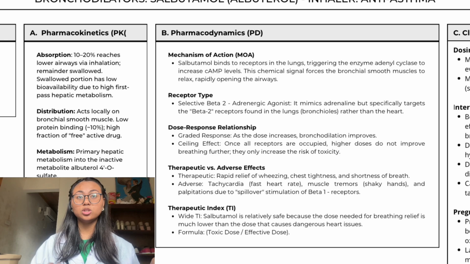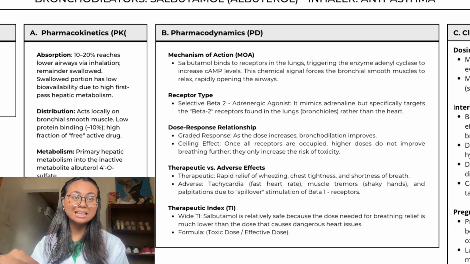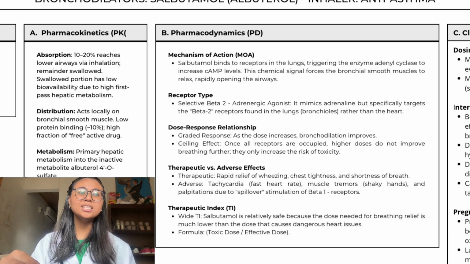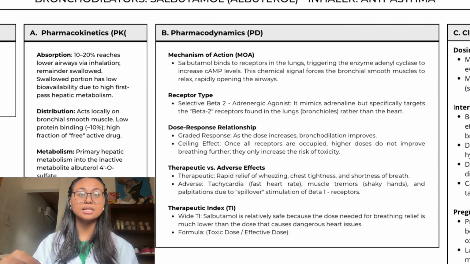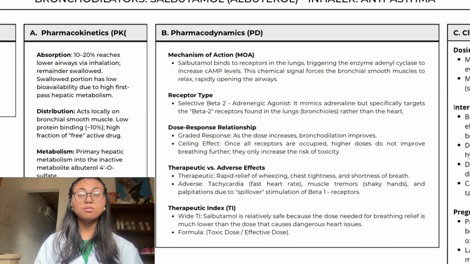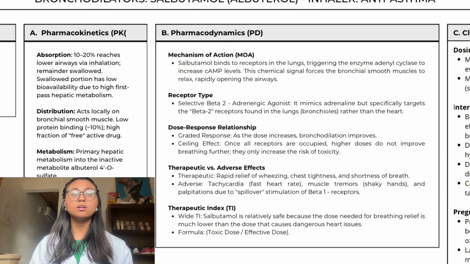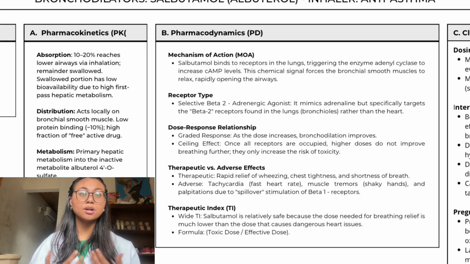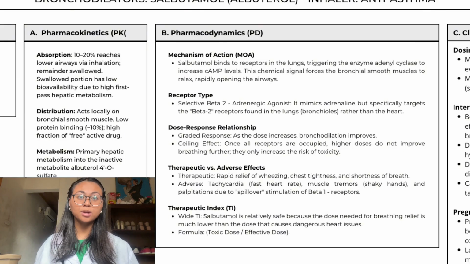Once bound, it triggers an enzyme called adenyl cyclase, which increases levels of cyclic AMP, or cAMP, inside the cells. This chemical signal tells the muscles to relax. This results in bronchodilation. It opens Maria's airways so that she can breathe again.